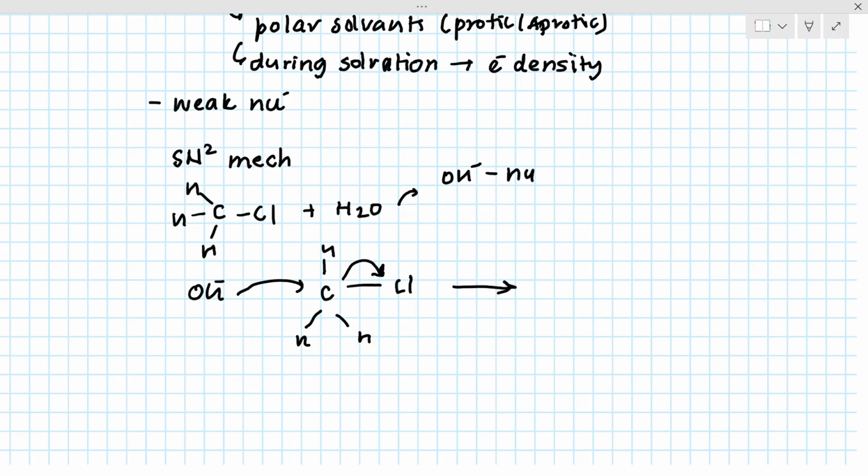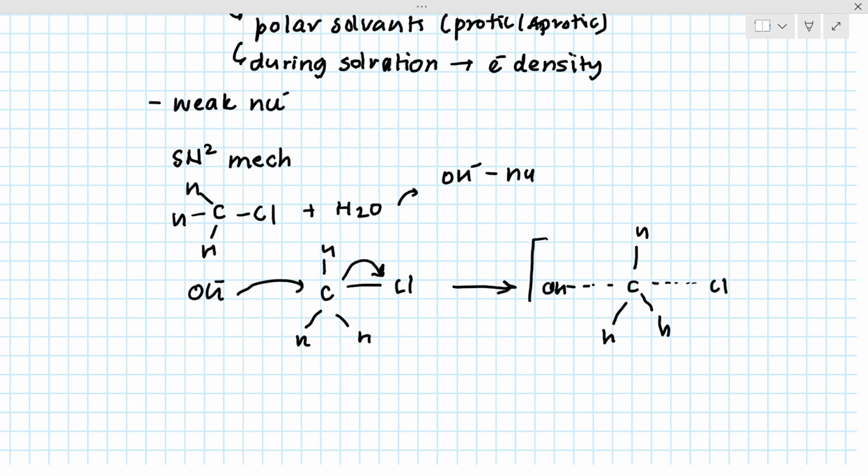You will get an intermediate first, that is C with OH, H, H, H, and the leaving group has not yet left. So you have Cl also. So the attack and leaving take place simultaneously.